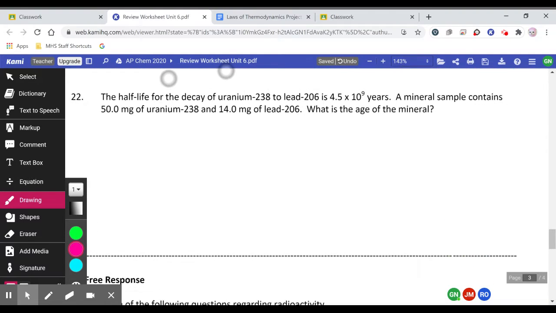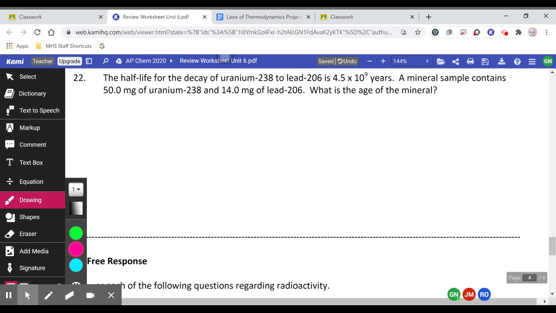On our number 22, it says the half-life of the decay of uranium-238 to lead-206 is 4.5 times 10 to the 9 years. A mineral sample contains 50 milligrams of uranium-238 and 14.0 milligrams of lead-206. What is the age of the mineral? And so we have our half-life equal to 4.5 times 10 to the 9 years.